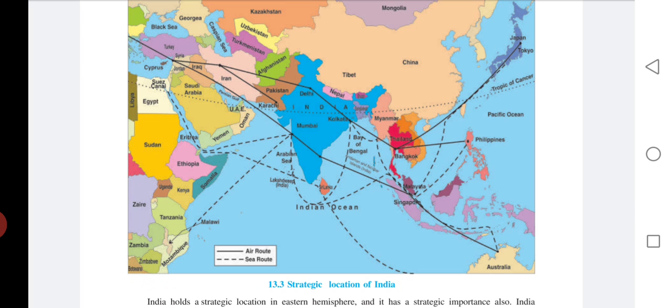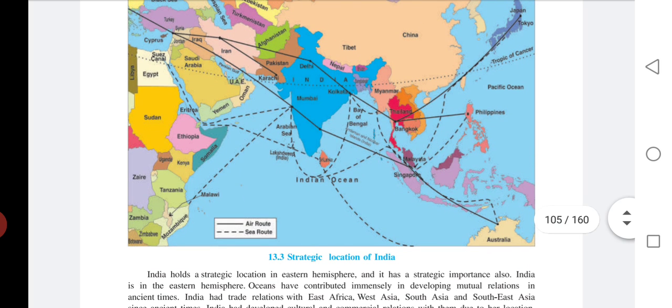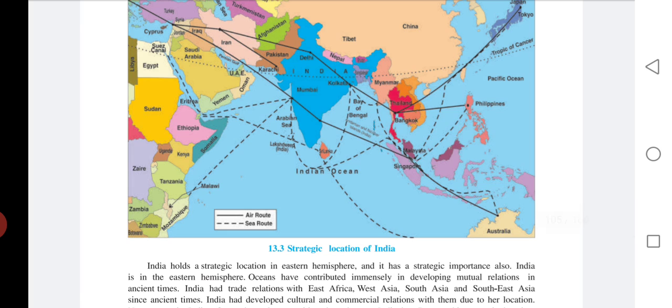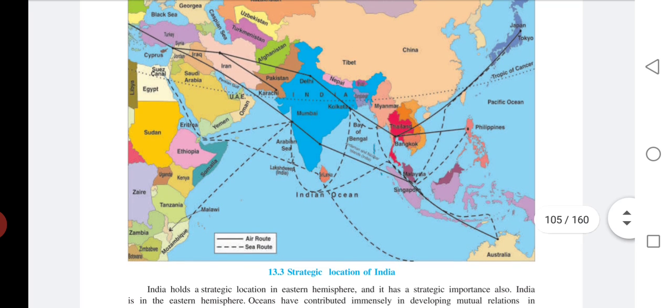It's geography, right? This is latitudinal. Now see, as I told you, due to the rotation, there is a time difference in around Gujarat. That's due to the longitude and latitude.